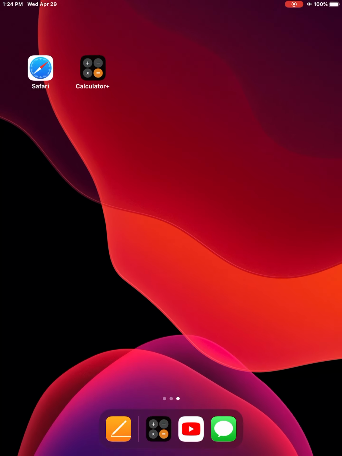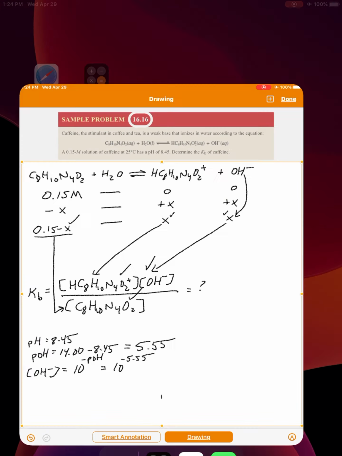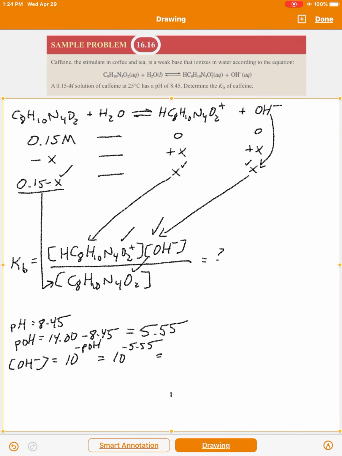That gives 2.82 times 10 to the minus 6 molar. Now we've got hydroxide, which is x. But we've also got the conjugate acid of caffeine, which is also x.